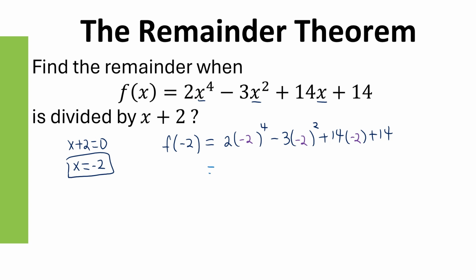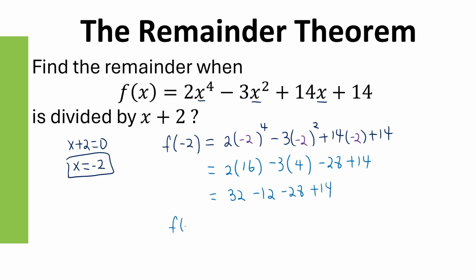So this is 2 times negative 2 to the fourth, which is 16, minus 3 times negative 2 squared, which is 4, then 14 times negative 2 is negative 28, plus 14. 2 times 16 is 32, minus 12, minus 28, plus 14. So f of negative 2 equals 32 minus 12 is 20, minus 28 is negative 8, plus 14, so the remainder is 6.